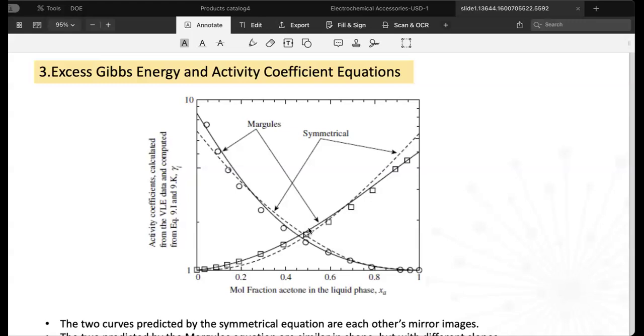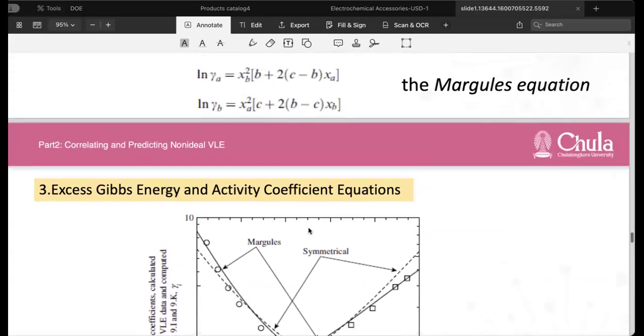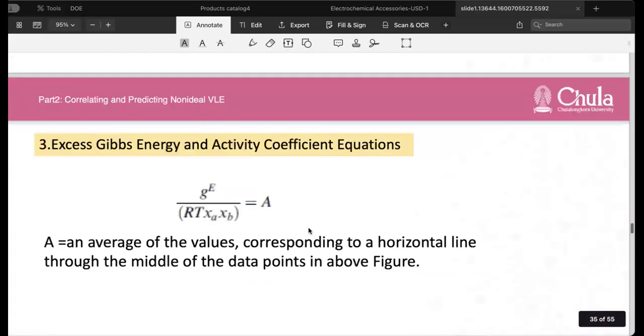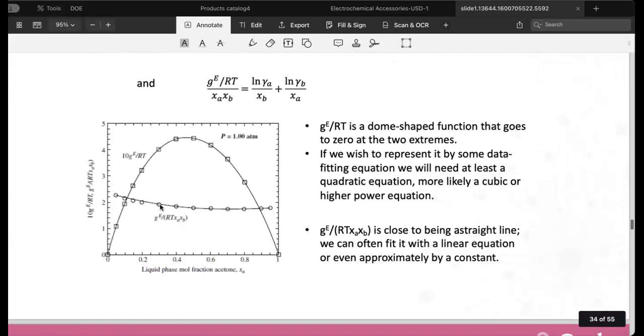Yeah, because the parameter we take is from the average, right?